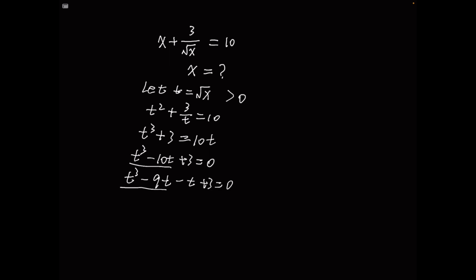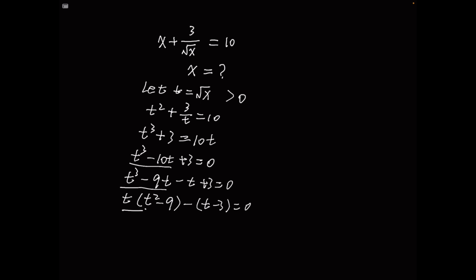For the first two terms, we can take out t, so inside is t squared minus 9, and minus t minus 3 equals 0, right?